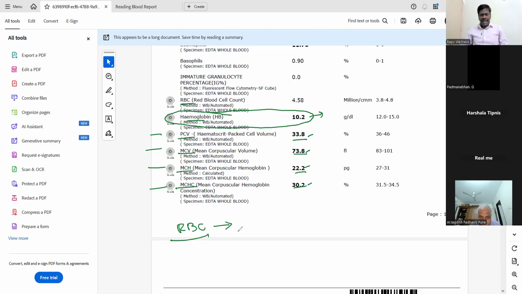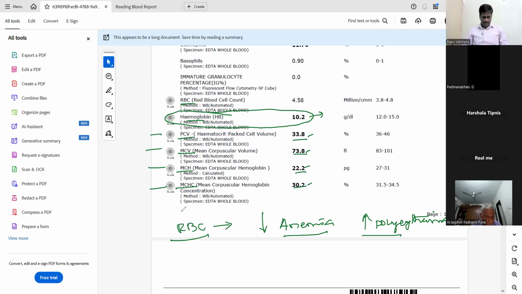If a person has less hemoglobin, we all know that is anemia. Rarely, some persons may have more hemoglobin. That condition is called polycythemia.